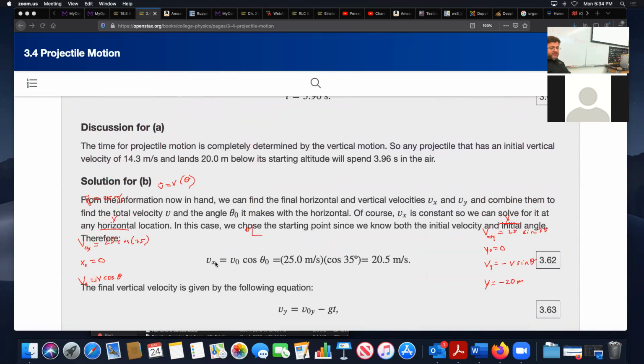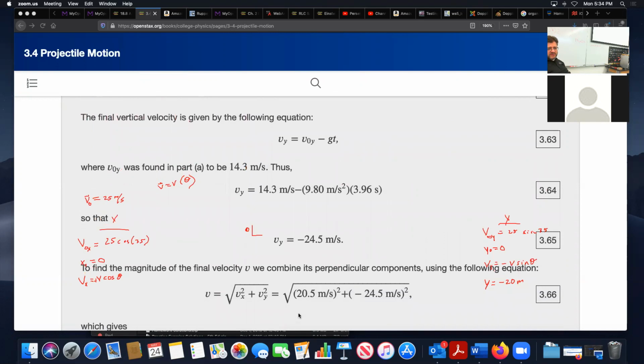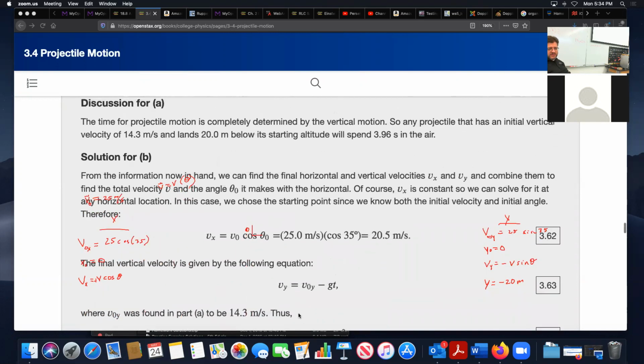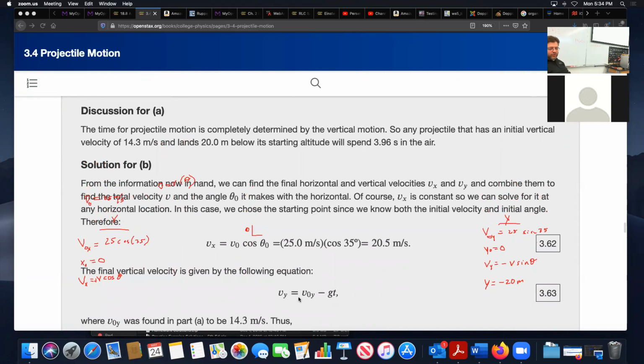So we want to know how far it's going to go. Well, we know the initial velocity is this, and we know this equation for velocity. Oh, we know the initial velocity in x. We want to know the final total velocity, so we need to calculate the velocity in y. Well, this kinematic equation will tell us the final velocity in y if we know the initial velocity in y, the acceleration, and the time, which we now know because we figured out the time.